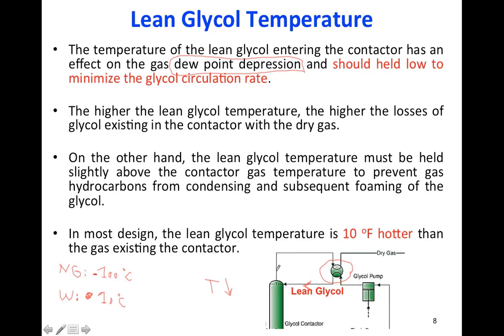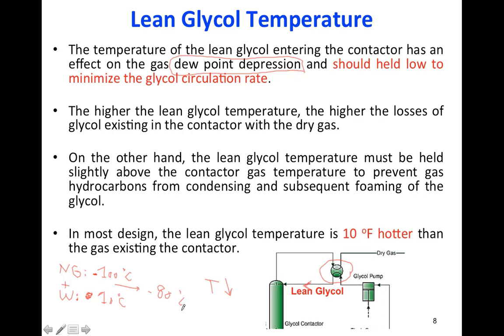I have to look at the table and see the saturation temperature of water at 1 atmosphere, but just let's say 10 degrees C. So your wet natural gas has both natural gas and water, right? They are combined together, so the dew point is something between these two, okay? Let's say it is minus 80, okay?